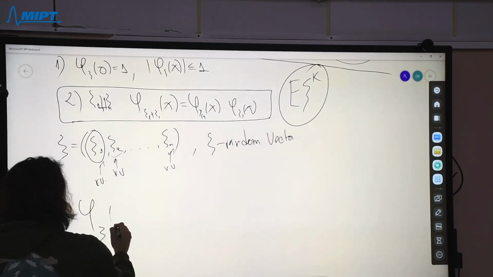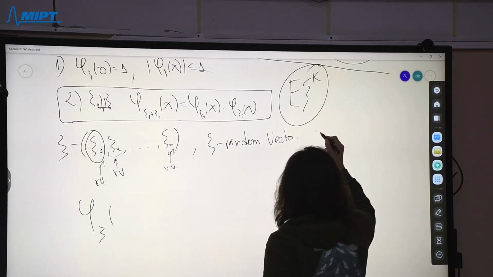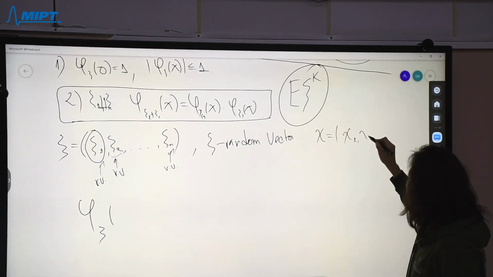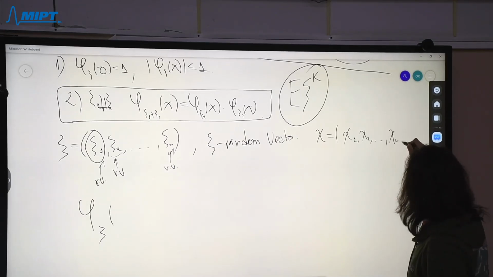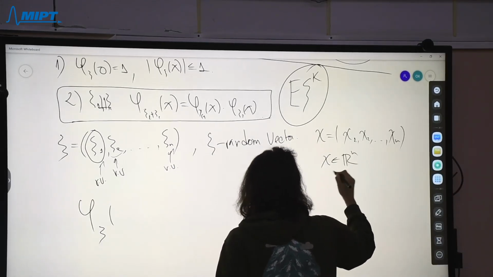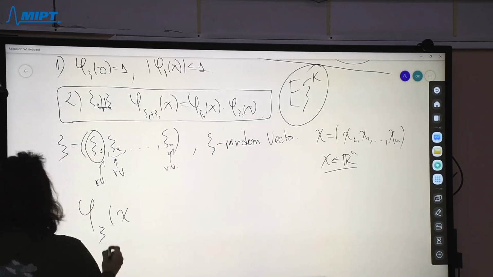This is going to be just the following. So let's introduce also x, a vector x1, x2, xn on Rn, so with n components.